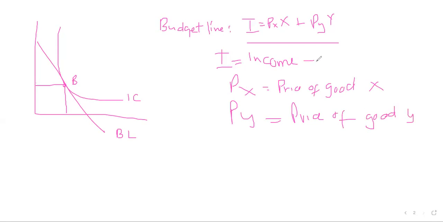Income can also be denoted by the letters Y or M. Before I talk about constrained optimization, I want you to learn how to illustrate a budget line. Suppose your income was 100 kwacha, the price of good X was 5 kwacha, and the price of good Y was 10 kwacha.